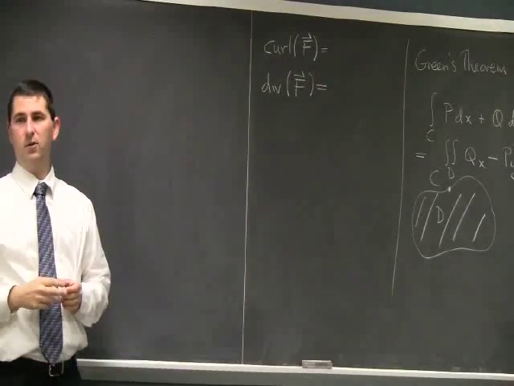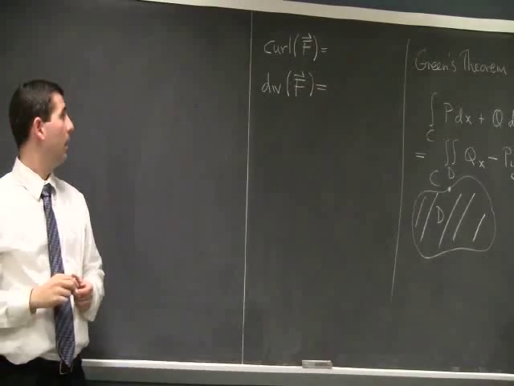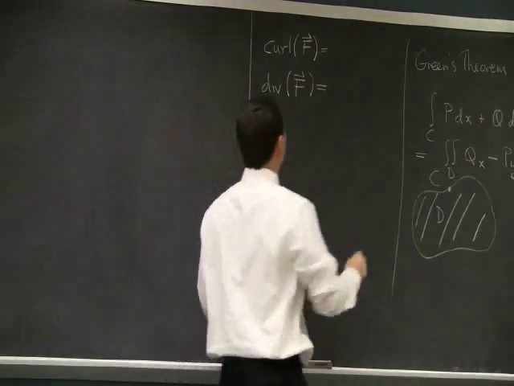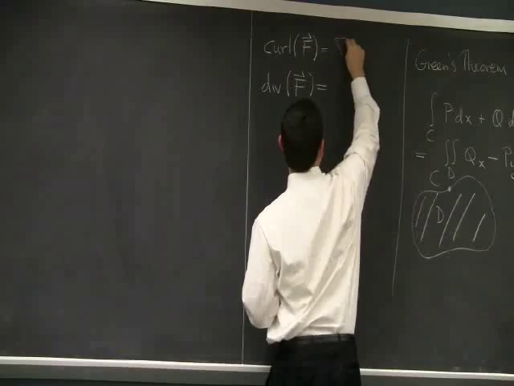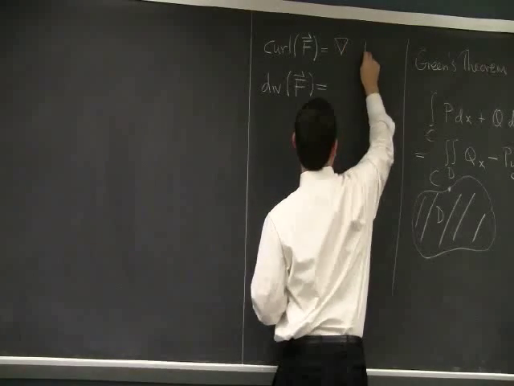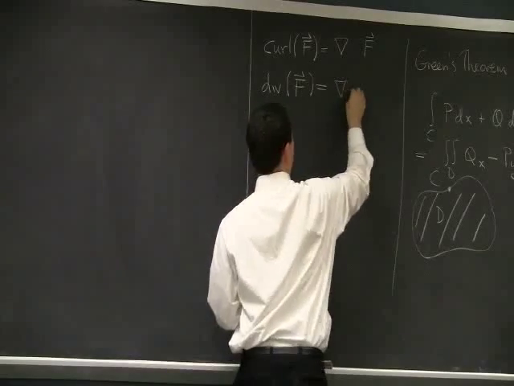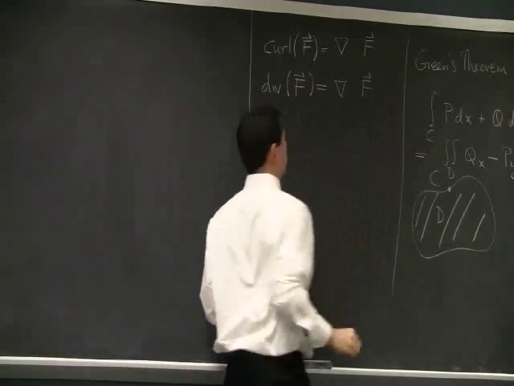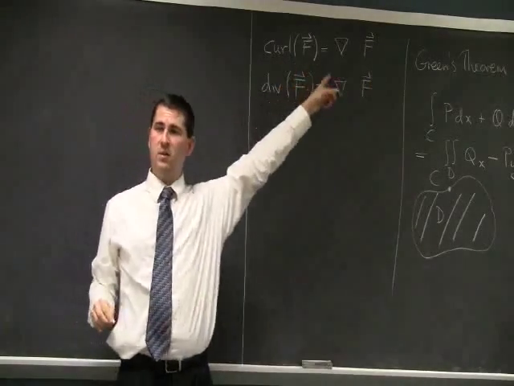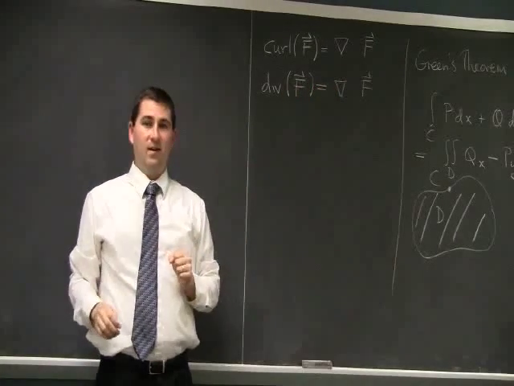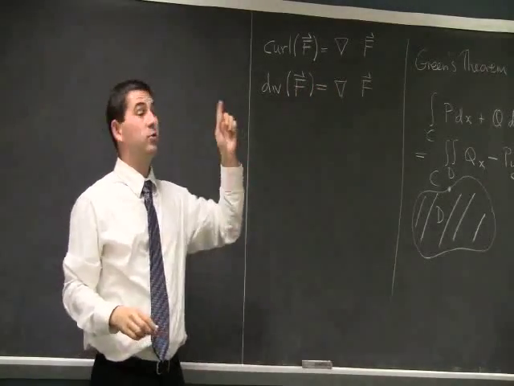It ends up giving you a scalar function. And you might remember that they both use the gradient. And then it's just a matter of remembering what goes in between with the gradient, and in which order.